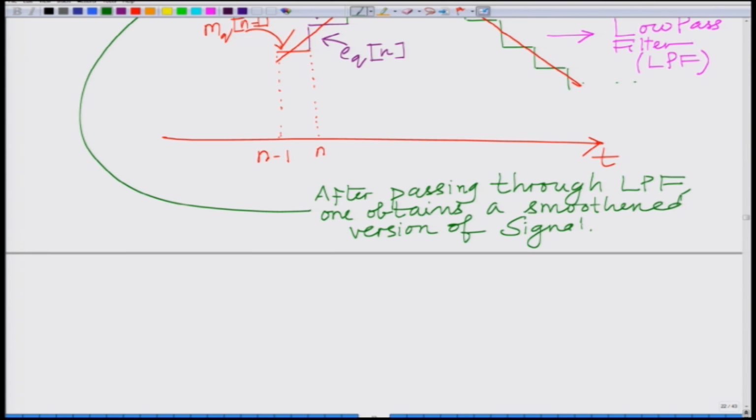After passing through a low pass filter, one basically obtains a smoothened version of the signal.